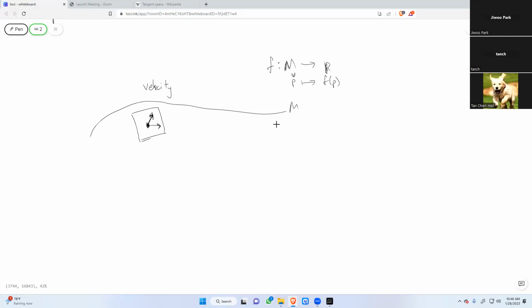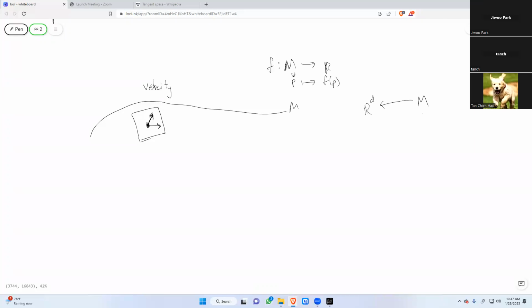Exactly. The way to circumvent this is that we cannot do derivatives on M directly. We cannot say the partial of f with respect to some change, but that is exactly where the coordinate patches come in. What we do know is that there are functions from M to R^D, where D is the dimension of this manifold.